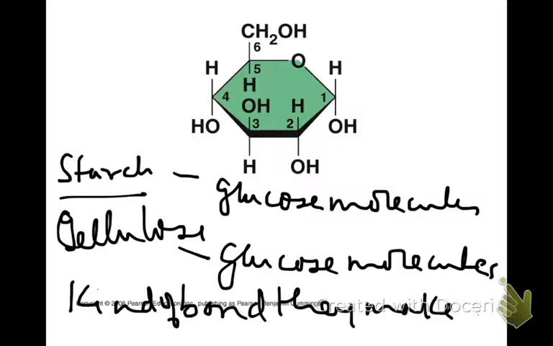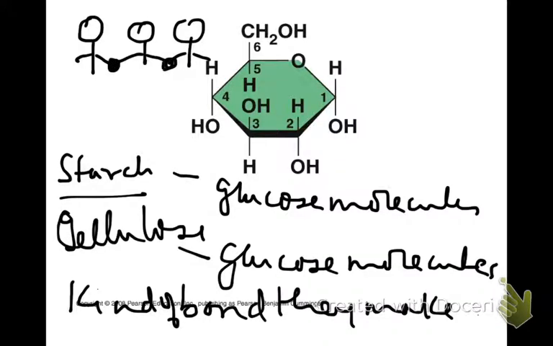Okay, so I normally make my students come out and stand. So I have one student stand here, and then another student stand here, and another student stand here. So I say this is the bond that's being formed. So it is the 1 of this particular glucose, and then if there is another glucose here, the 4 of this particular glucose. You know what I'm saying?